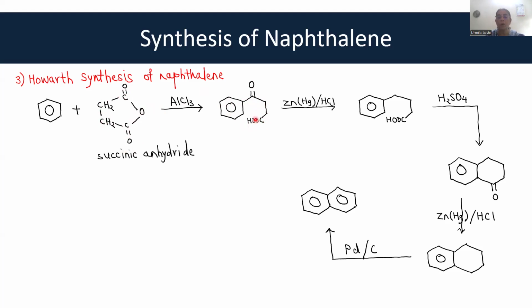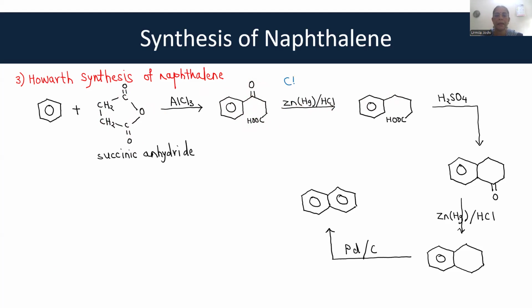Okay. Now we don't want a carbonyl group over here. We want CH2, and so it is treated with zinc amalgam and HCl, where Clemmensen's reaction, or Clemmensen's reduction, happens.